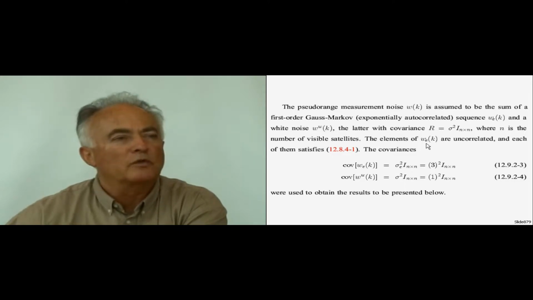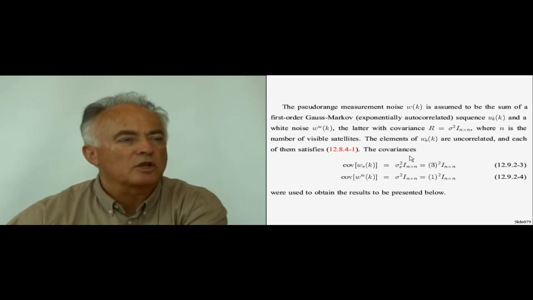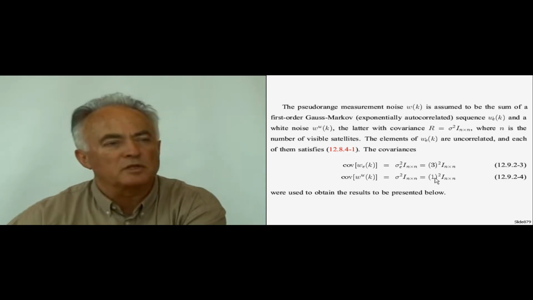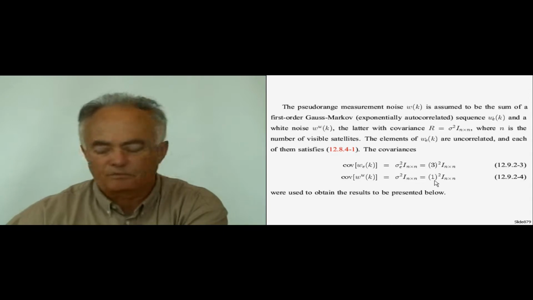The elements of w^E are uncorrelated, again across satellites, so each of them has variance 3 squared for the autocorrelated noise, and the variance of the white noise is 1.